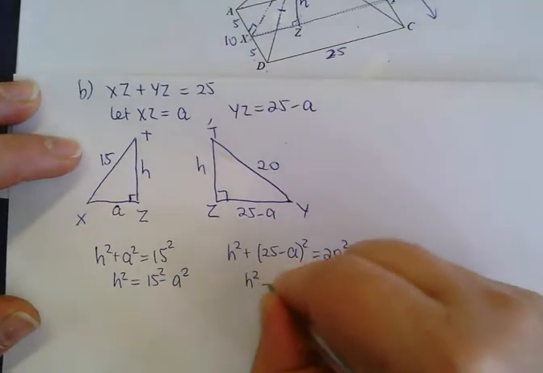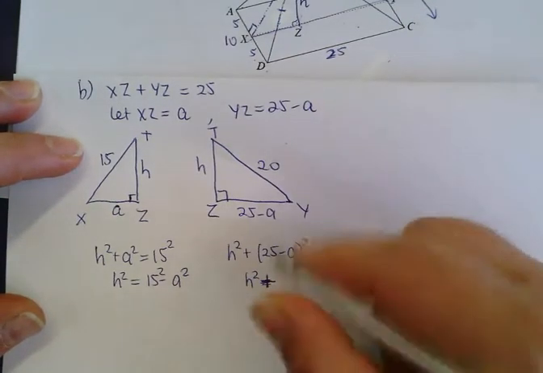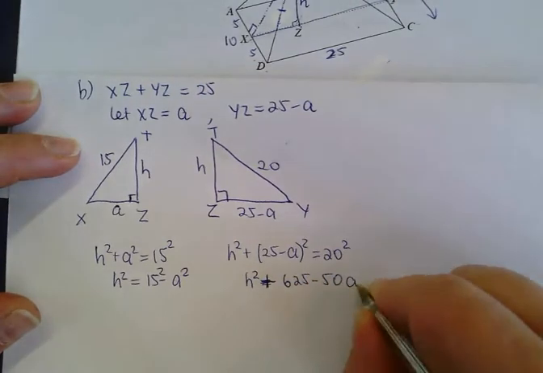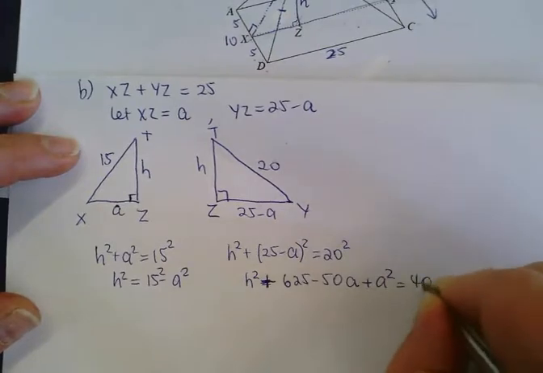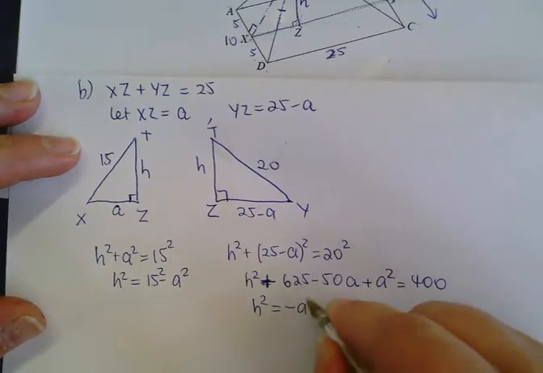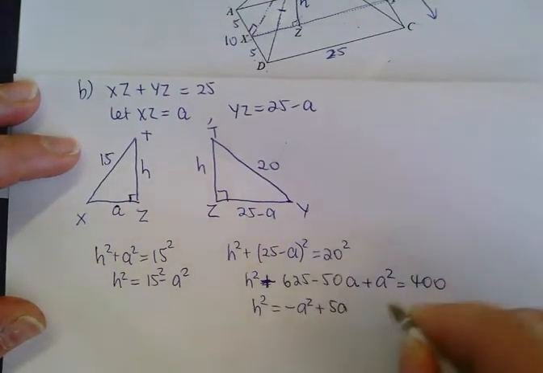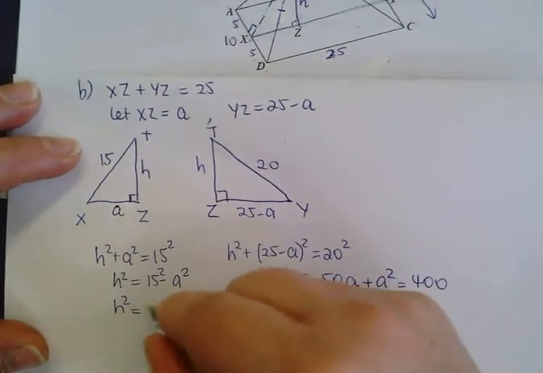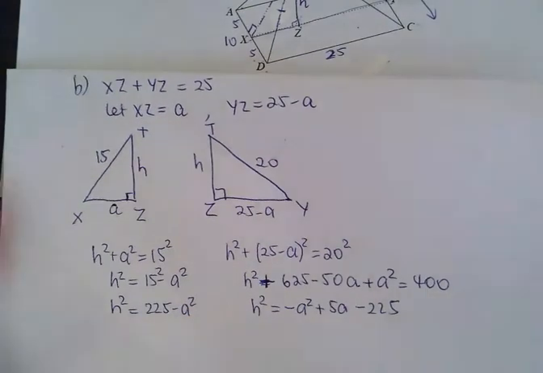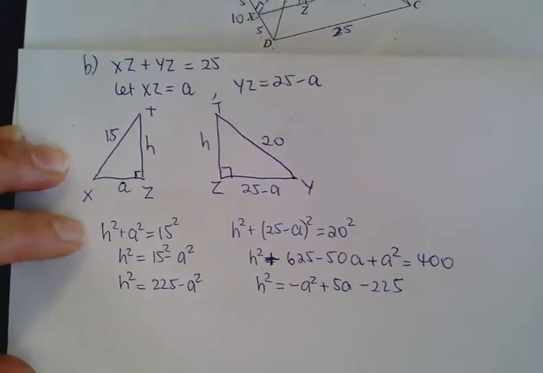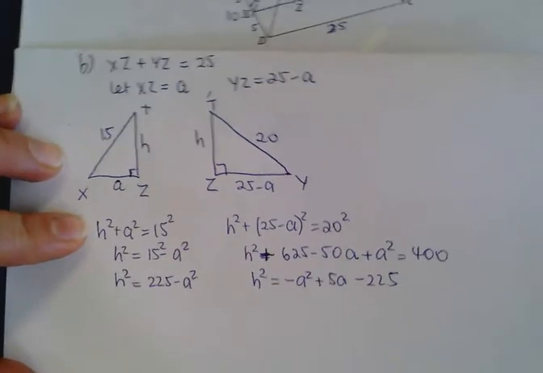So H squared plus, might have to expand this one, 625 minus 50A plus A squared equals 400, which means that H squared equals negative A squared plus 50A minus 225, I'm thinking. And over here, H squared is 225 minus A squared. Now you can put those two equal to each other, come up with a quadratic and solve for A. And when we solve for A, we can then solve for H, okay?